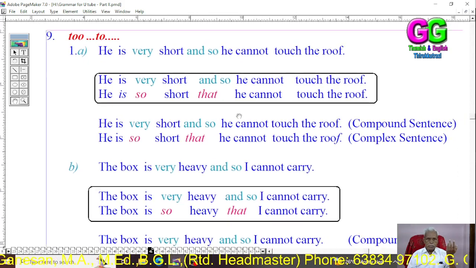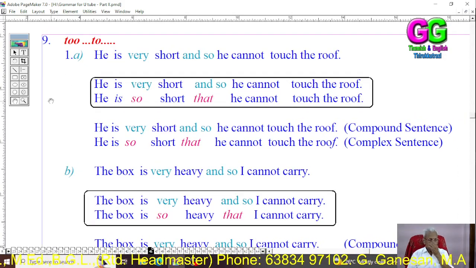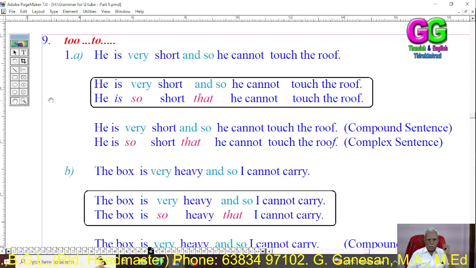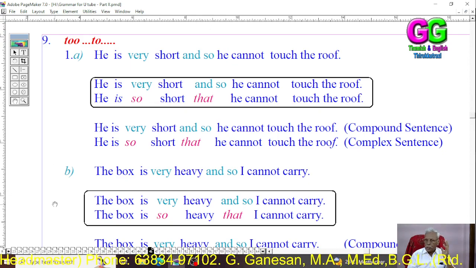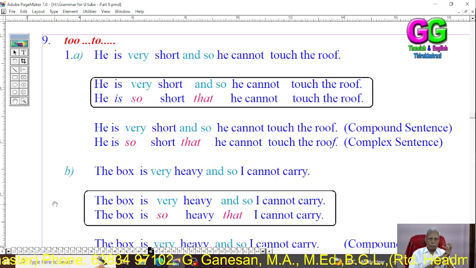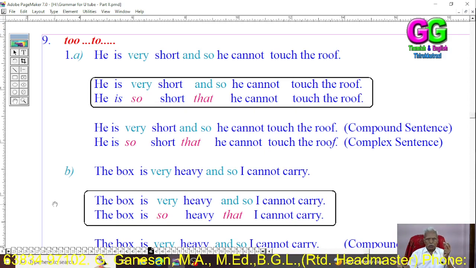Then, dear students, "too to" is a very good construction in English. "Too to" is used, actually, in the simple phrase. Its complex conjunction is "so that".